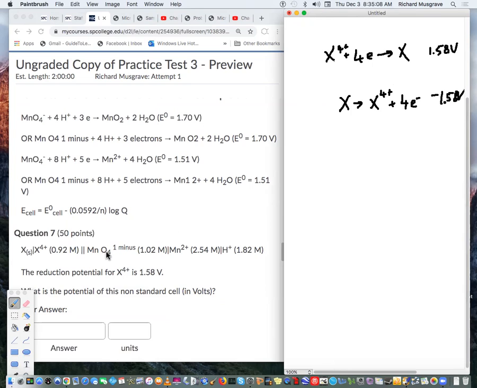And then I have to choose the equation that involves MnO4 minus and Mn2 plus. And you can see there's two different ones up here. Use this one, the one that has the MnO4 minus and the Mn2 plus in it. So you just take that entire equation, it's already been balanced.